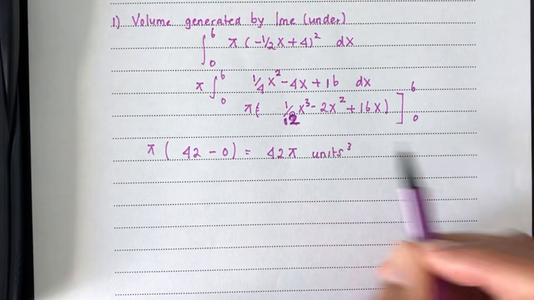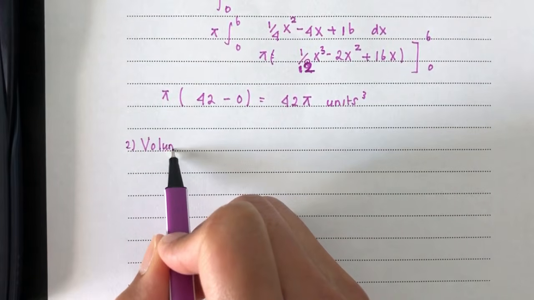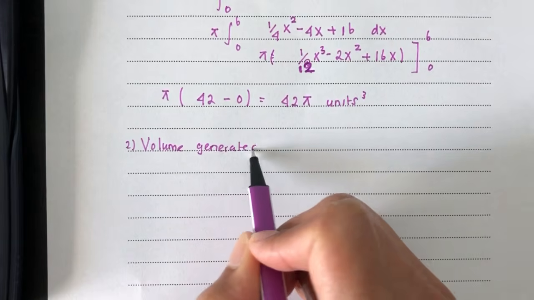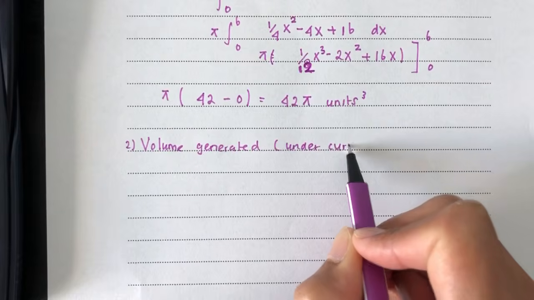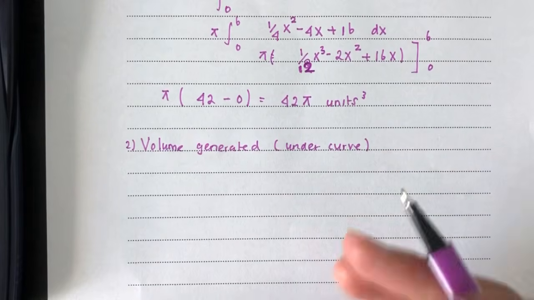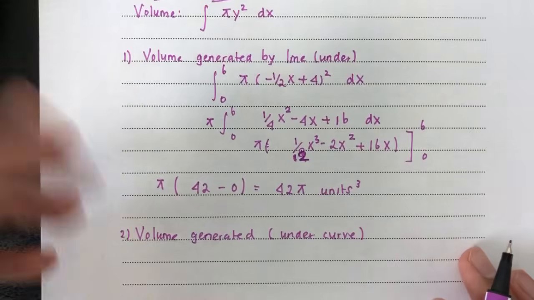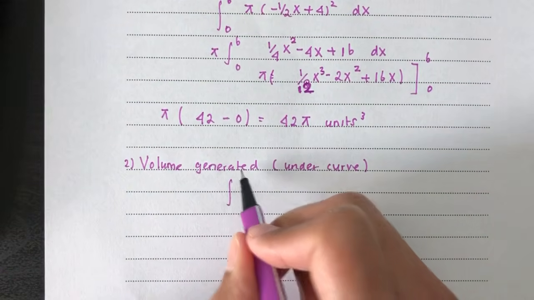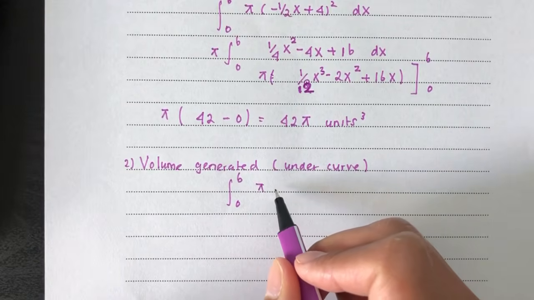That is part 1. Now what is the volume for the other one, under the curve, when it is rotated about the x-axis? Same kind of stuff, so basically we follow the same rules. It will be the integration from 6 to 0 of pi y squared.